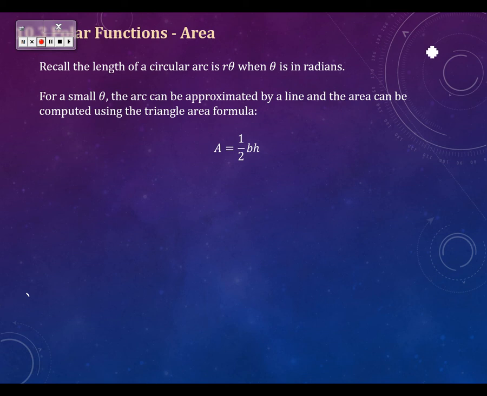In general, by arc I mean an arc inside of a circle. What is the length of this arc? It's the angle theta in radians times the radius, which is one of the huge advantages of using radians, because this formula is so simple. Just r theta.